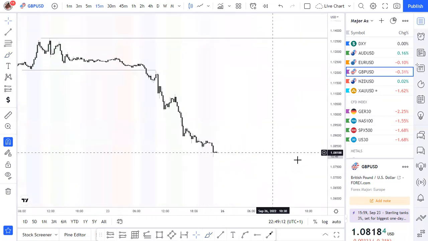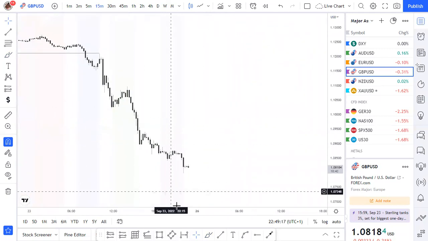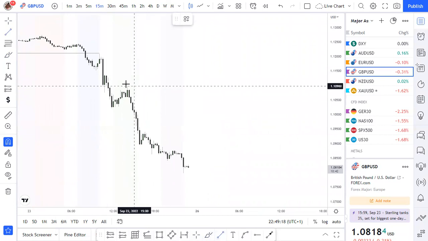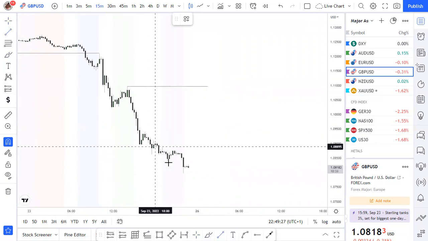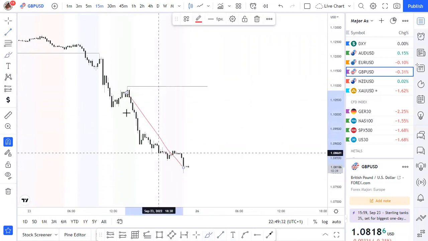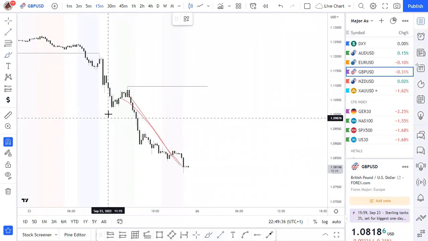So here on the 15-minute time frame, I would say this is my low here. This is my high, the last lower low. I won't really start looking at this. For me, this is just a single push, and then this might be a construction.